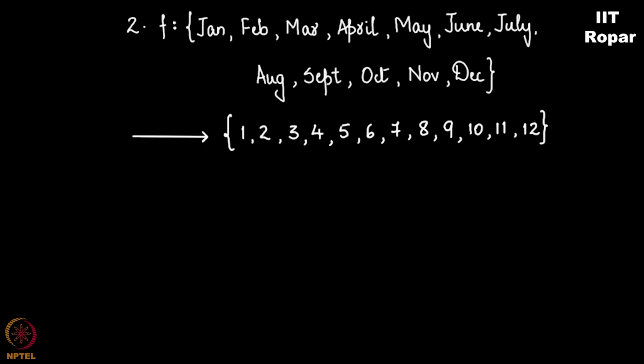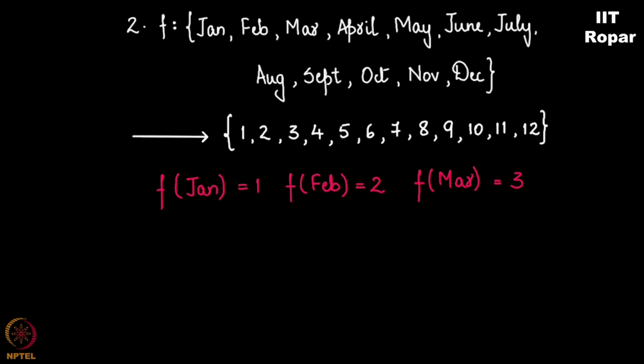I define the function as every month going to the number in its order. That is, January will go to 1 being the first month, February will go to 2 being the second month, March will go to 3, April will go to 4 and so on.